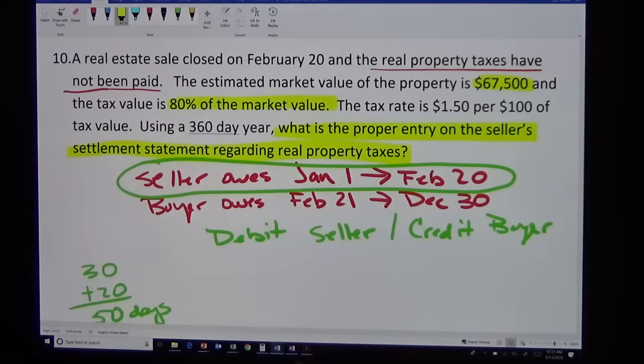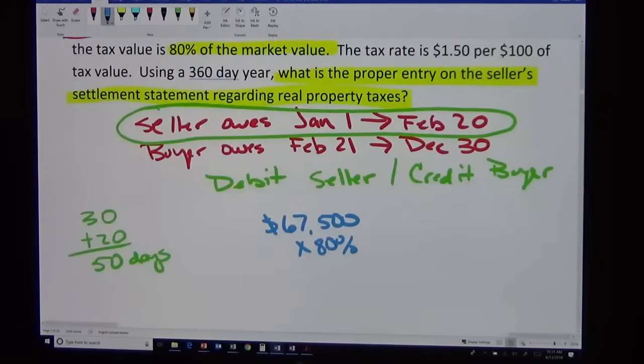So we need to do some work here and we need to come up with the tax value of the property. So $67,500 times 80%, that'll give us our tax value on the property. That equals $54,000 tax value.